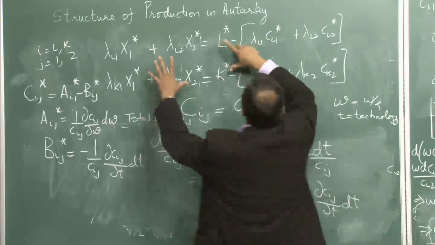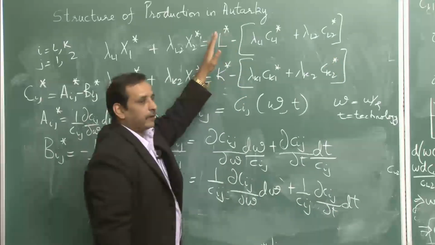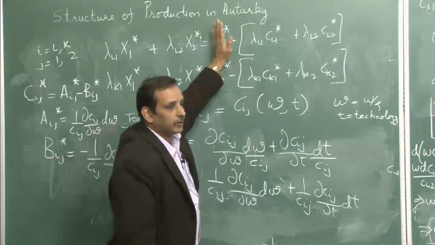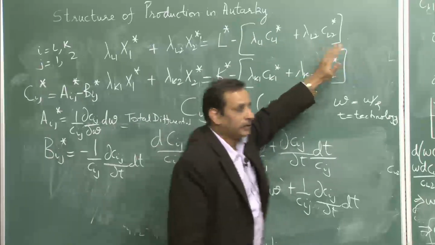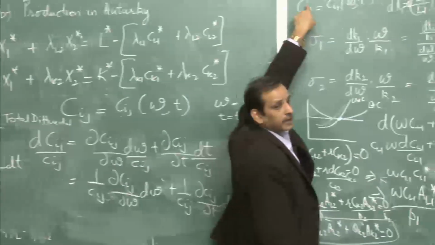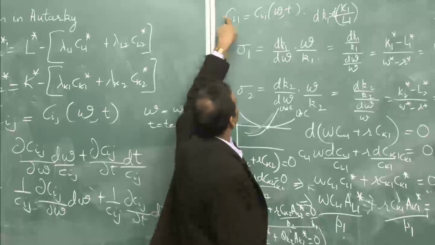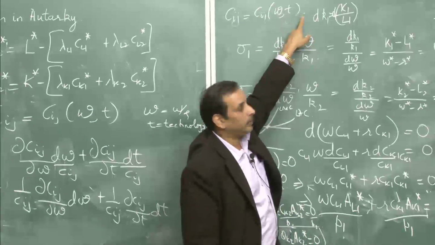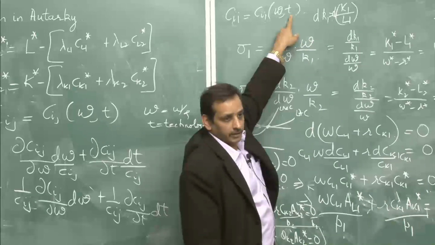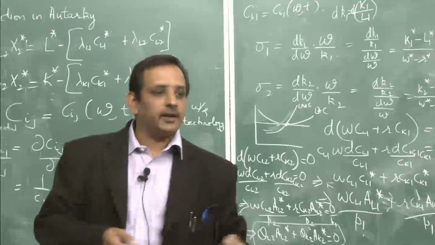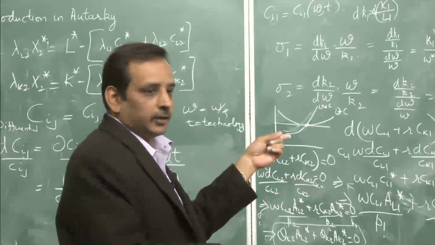You will get an equation which will reflect not only this relationship between x1 and L star, but you will have some term which will show the change of Cij due to change in omega, a change in Cij due to change in T. So for Rybczynski, you then have to further assume that those are constant.